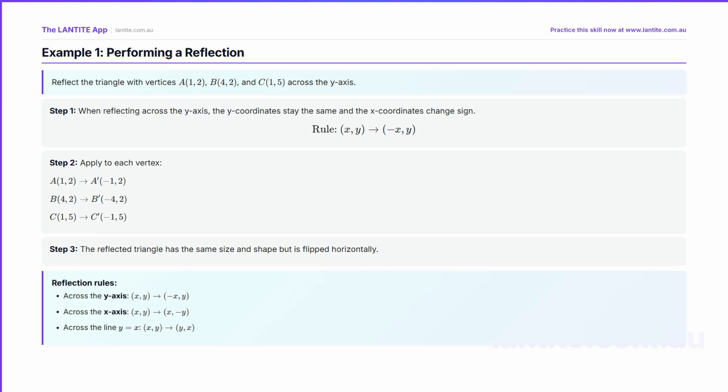B at (4, 2) becomes B' at (-4, 2). And C at (1, 5) becomes C' at (-1, 5). The reflected triangle is the same size and shape, just flipped horizontally. There are similar rules for reflecting across the x-axis, where y changes sign, and across the line y = x, where x and y swap.